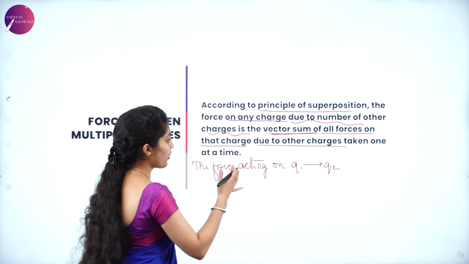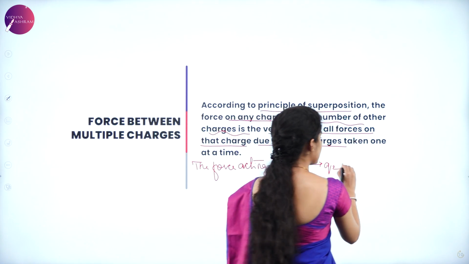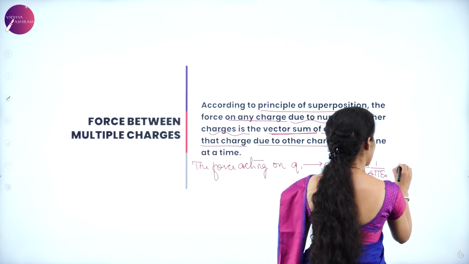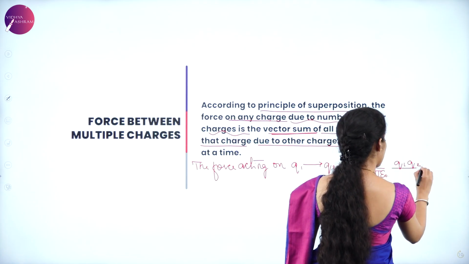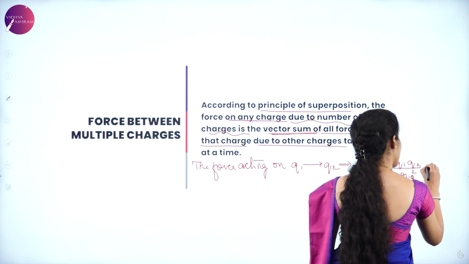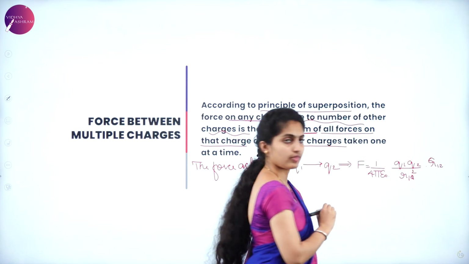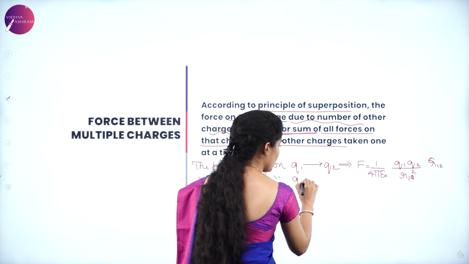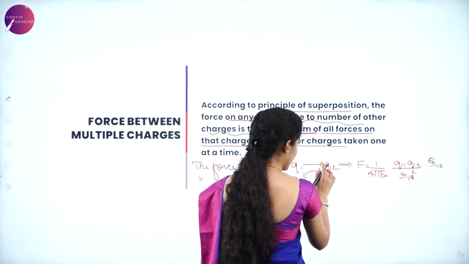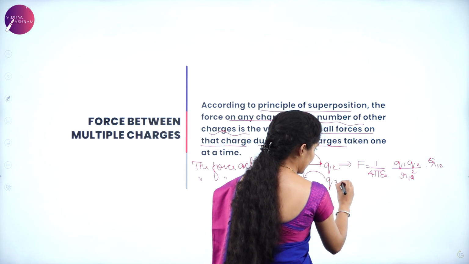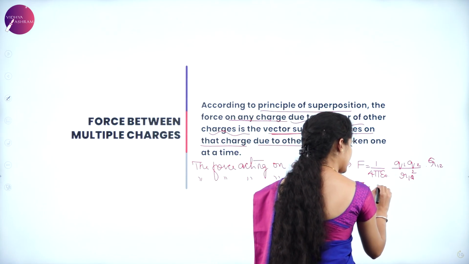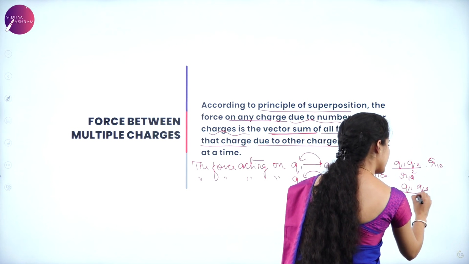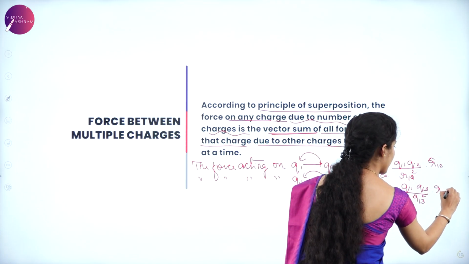Acting on Q1 due to Q2, you can give it as F is equal to 1 by 4 pi epsilon naught Q1 Q2 divided by R12 square R12 cap. Okay, vector form. Similarly, the force acting on Q1 due to Q3, then you have F is equal to 1 by 4 pi epsilon naught Q1 Q3 divided by R13 square R13 cap.